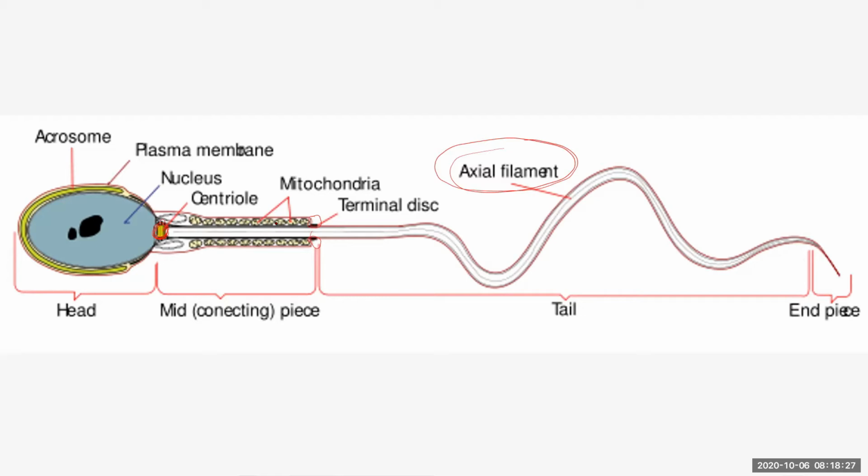The filament moves in a whip-like motion, like a whip, and that motion drives the sperm to move forward. Then we have the end piece.